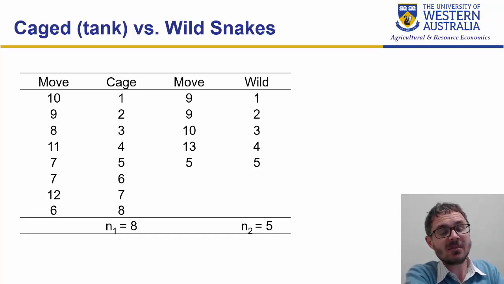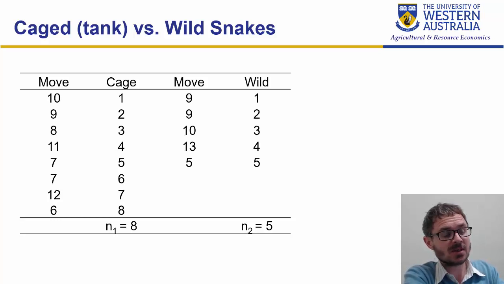So we've got eight different snakes in tanks in the lab, and we observed 5 different snakes in the wild. These are not repeat measures on the same snake, okay? That's why it was so hard to get them. It's very hard when there's a rare and endangered species. We've got some in captivity, perhaps from a breeding program. We want to know: are their movements the same?